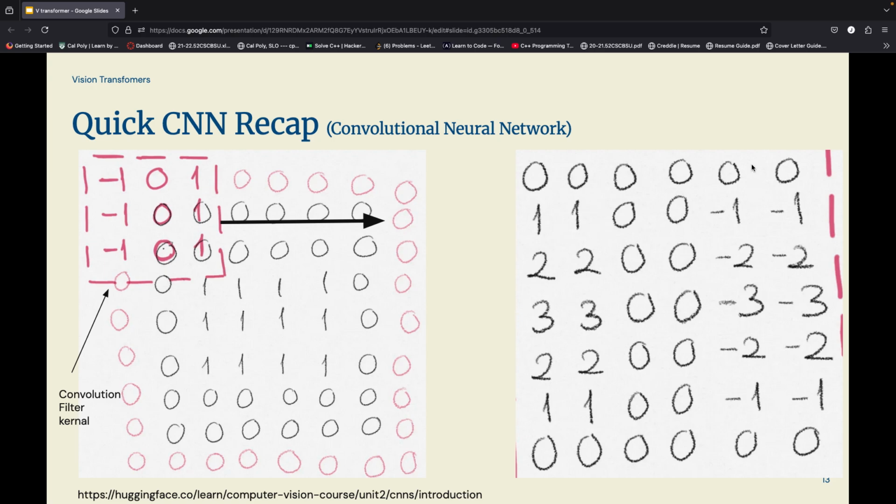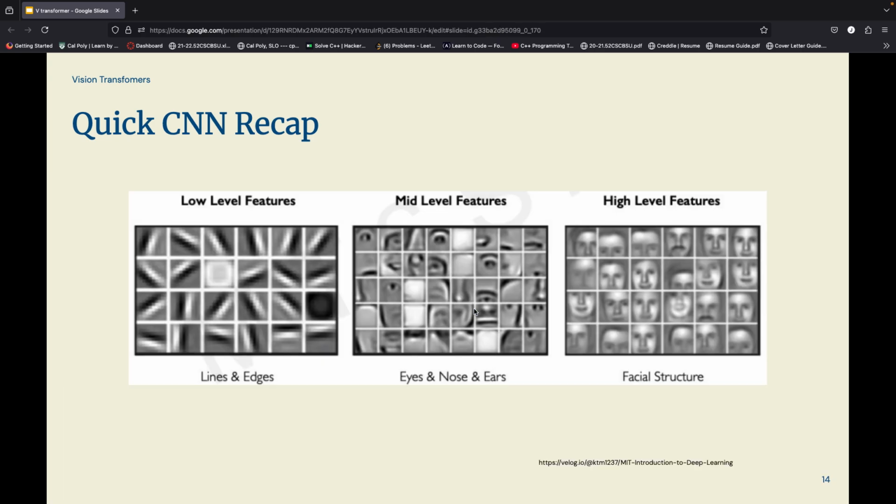It figured out the left and right edges and where they are. So we stack these convolutional neural network layers together, and the first layer extracts lower level features like edges and straight lines, and then the next ones combine them. You perform convolutions on your resulting convolutions, and that slowly becomes higher level features.